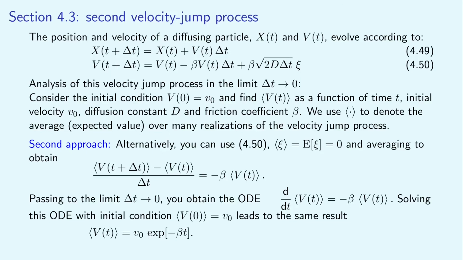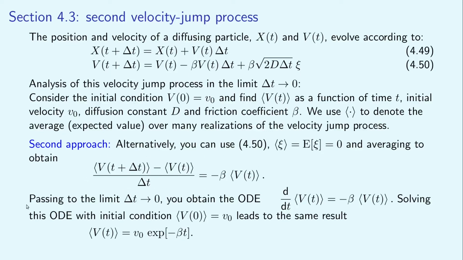However, we do not need to solve the discretized problem. In our second approach, we first derive an ordinary differential equation for the moment of interest, which we can solve to obtain the same answer. Taking averages of both sides of equation 450 and rearranging, we obtain this formula.